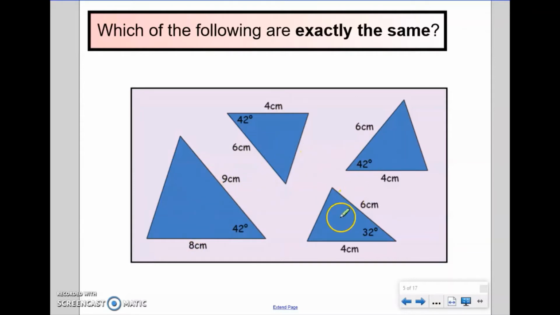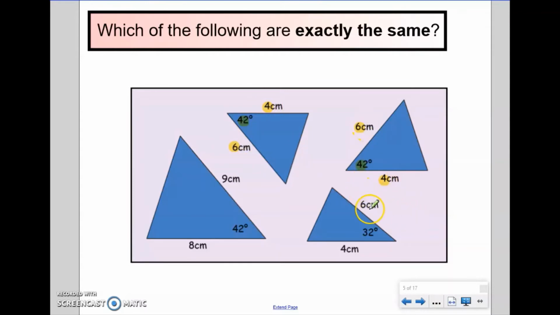Now I'm going to have a look at these three shapes. Here I have a length of 6 and a length of 4, and in between that, enclosed by those two sides, is an angle of 42. I also have the same here, a length of 6, a length of 4, and enclosed is an angle of 42. Remember, three properties are what I'm looking for.